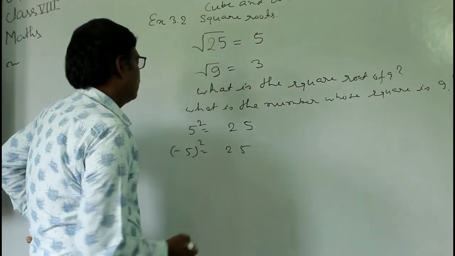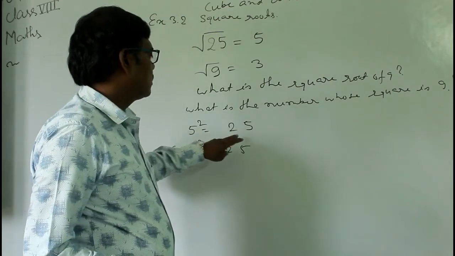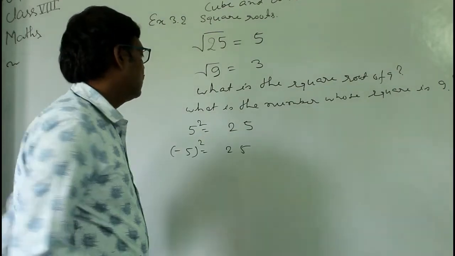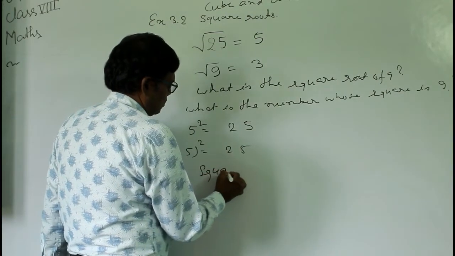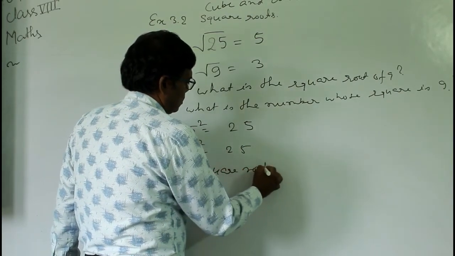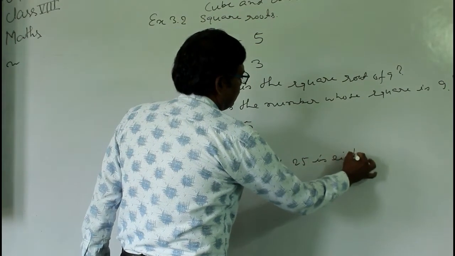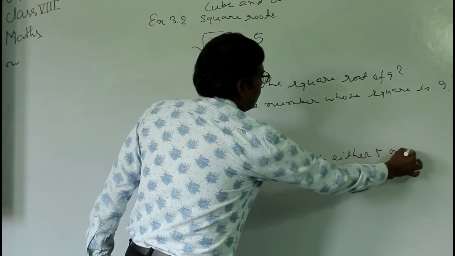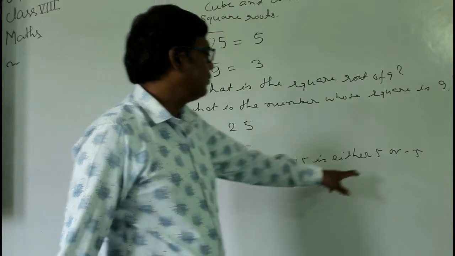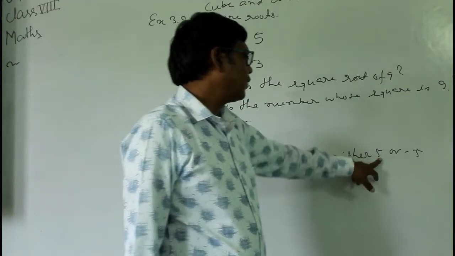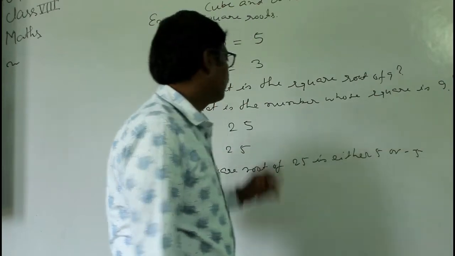So you can say here that the square root of 25 is either 5 or minus 5, because the square of 5 is 25 and the square of minus 5 is also 25.